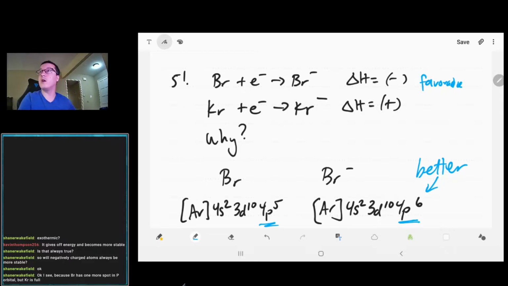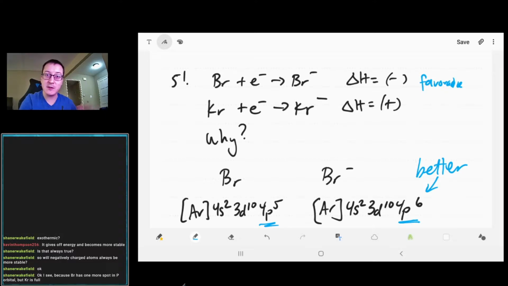So all of these processes, you can say there's a delta H for them. Anytime there's an energy change, you can consider that a delta H or a delta E. Doesn't really matter. It's still the same trend.